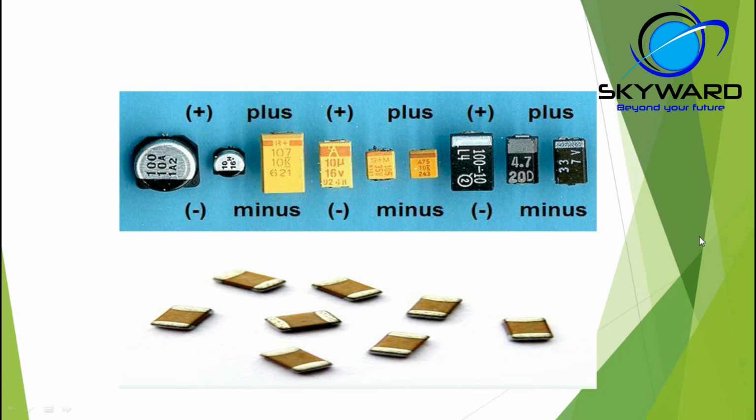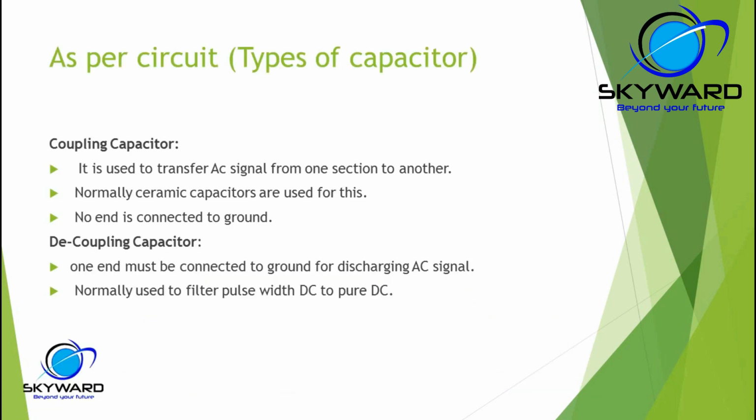Yes. Okay, let's move. As per circuit type, this you need to understand. In a circuit we can use the capacitor in two types. One is coupling type, one is decoupling type. If the capacitor has two sides and one side is attached to ground, it means decoupling. In a decoupling capacitor it works as a filter.